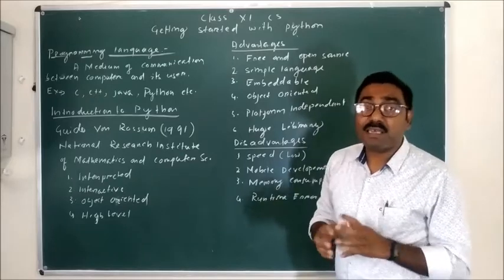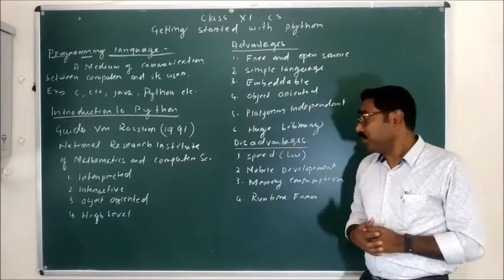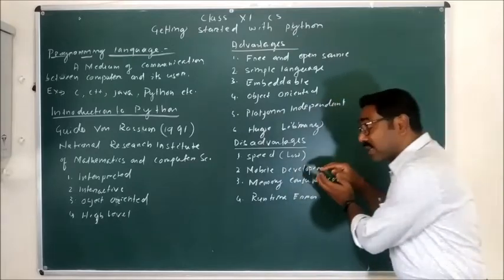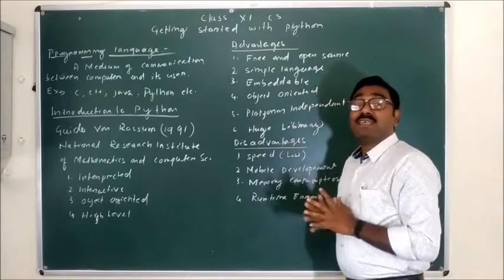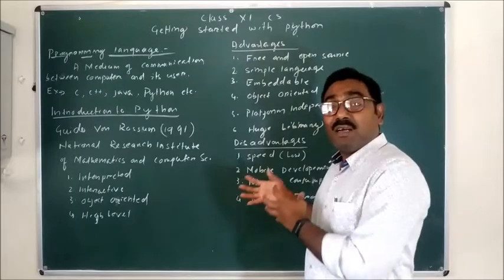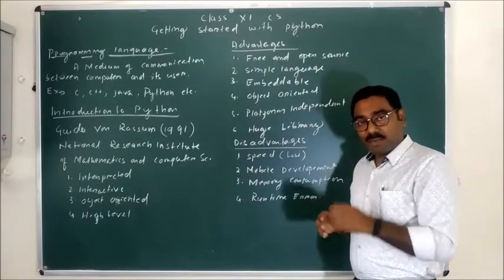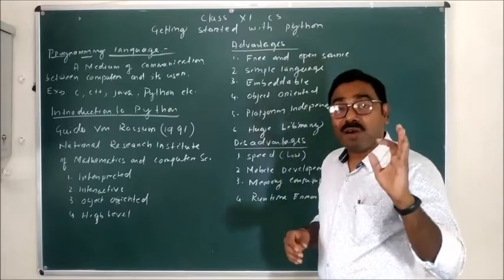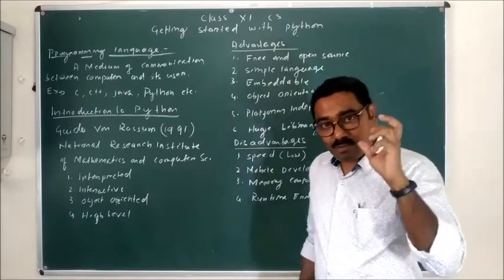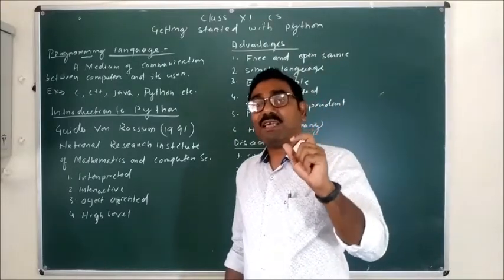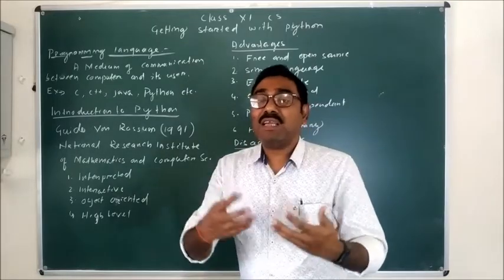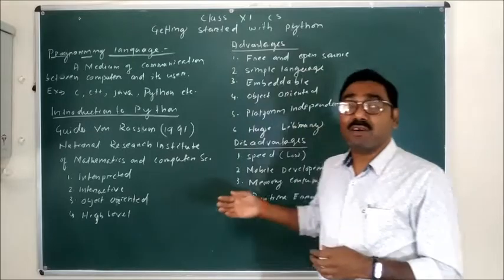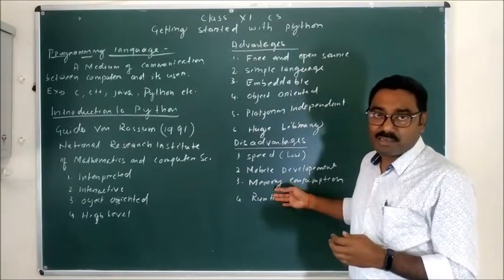That is a major disadvantage of Python, and that is the reason why mobile applications are not feasible in Python. Because in mobile applications, using a small memory or a small package, we should develop many applications. That is not possible in Python.